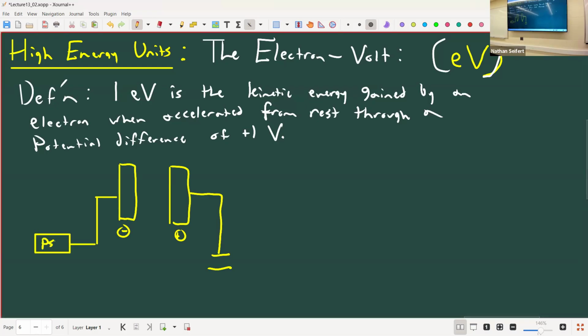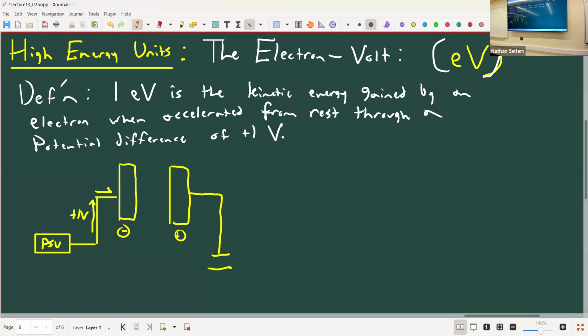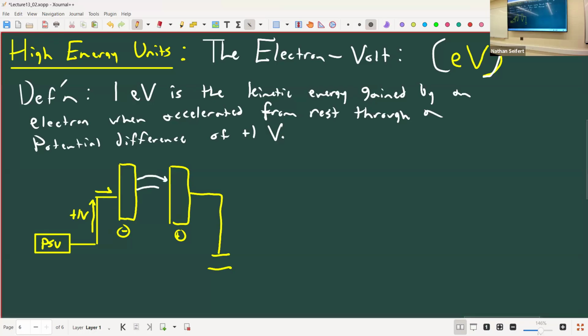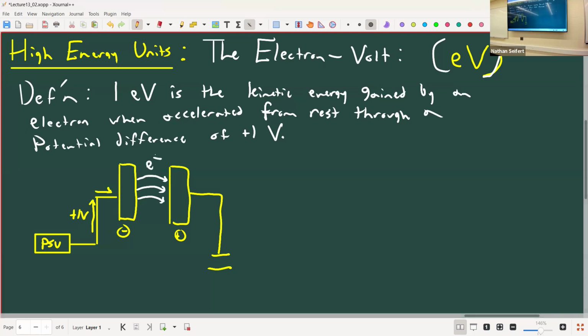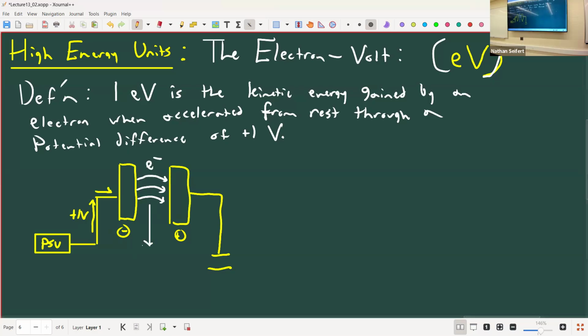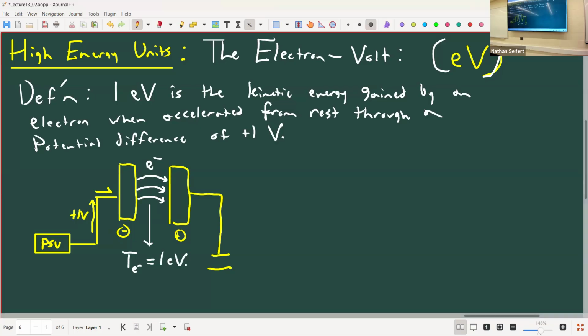And we'll have a power supply feeding in energy at a 1 volt difference. Right? That causes electrons to move from the anode to the cathode at 1 volt. And the energy of these electrons is defined as 1 eV. Super easy experiment.